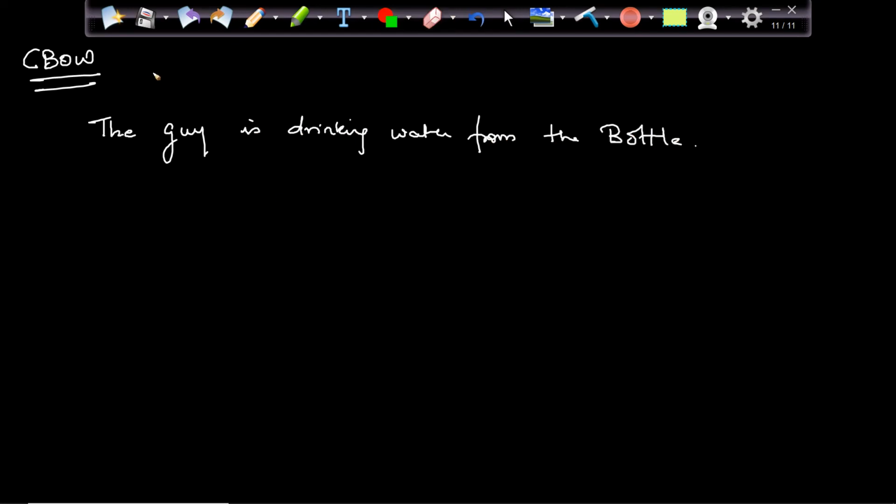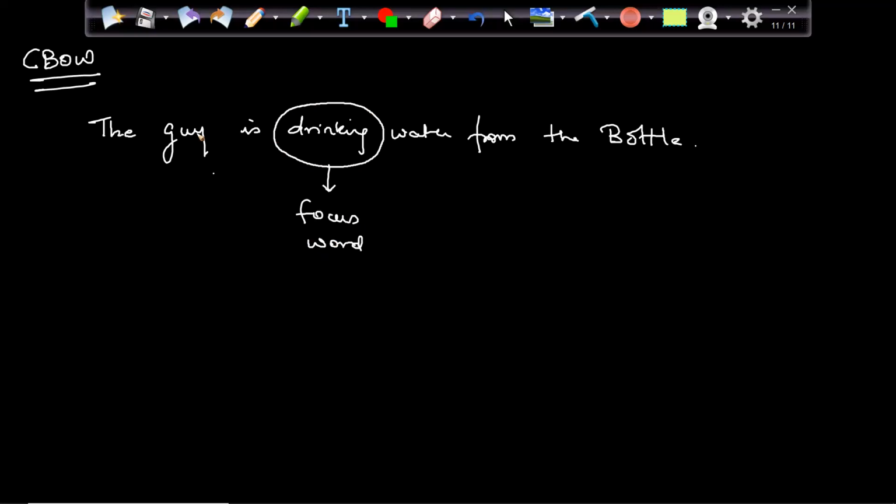Now in CBOW, there's a concept of focus words and a concept of context words. Let's say this is my focus word, and these are my context words.